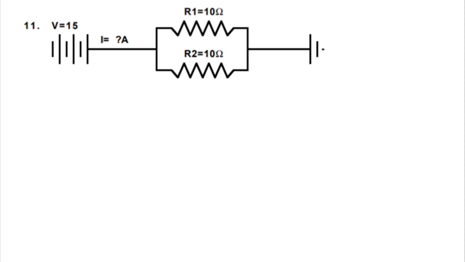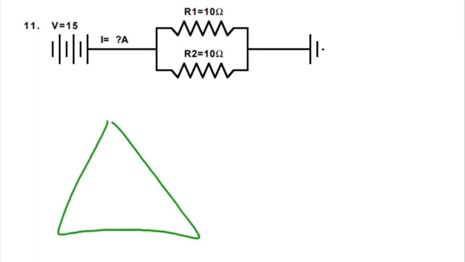So here we have an example of an Ohm's law problem where what we need to do is calculate the current flowing through this circuit. Now to do that, we're going to start with drawing our Ohm's law triangle. Let's fill in the information that we do have.